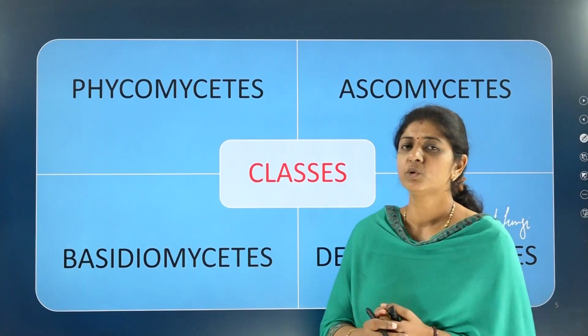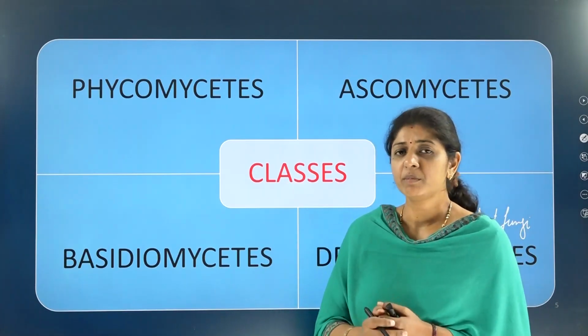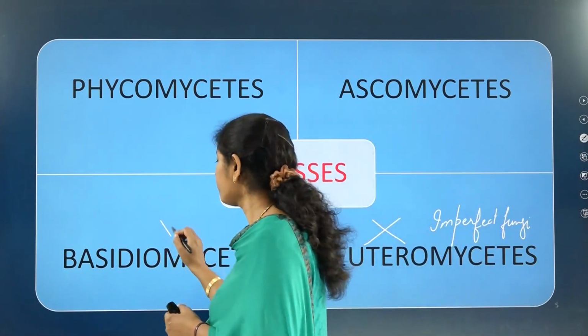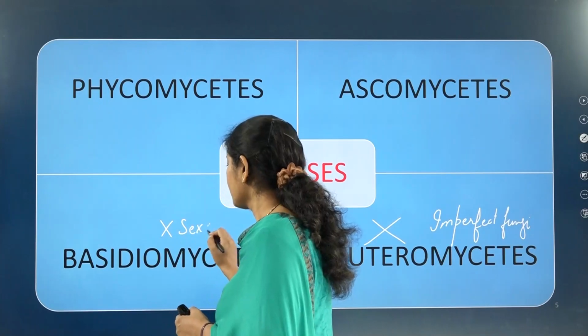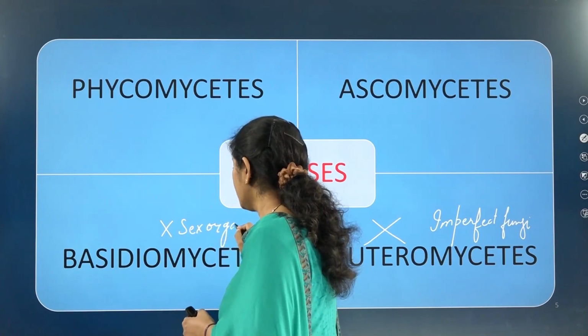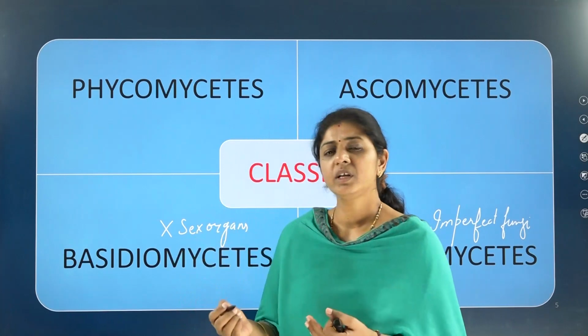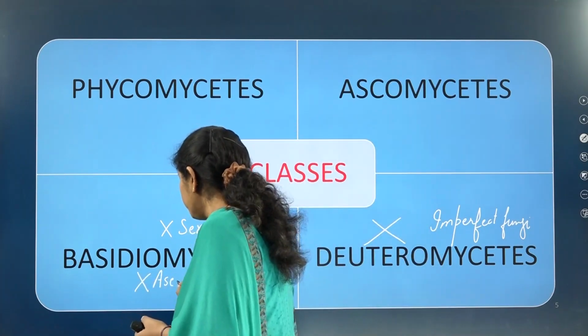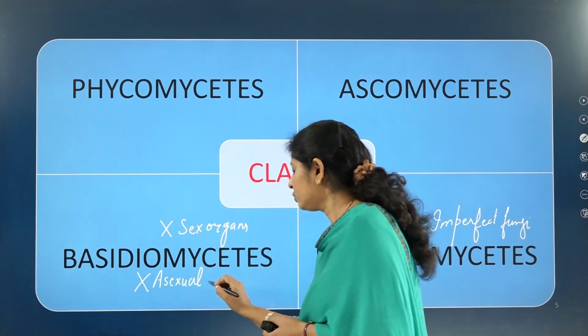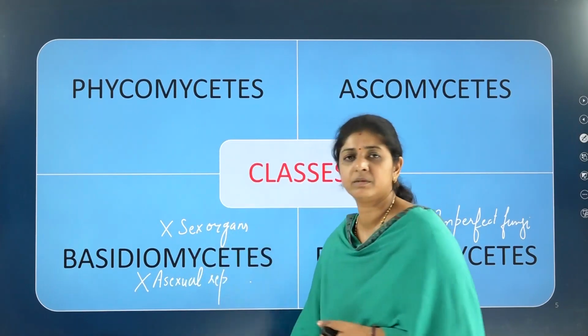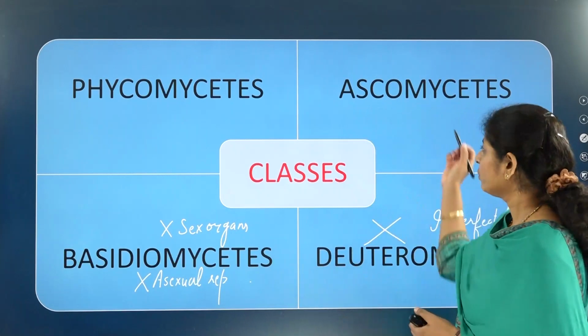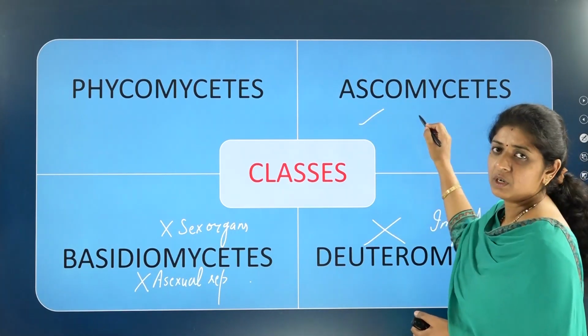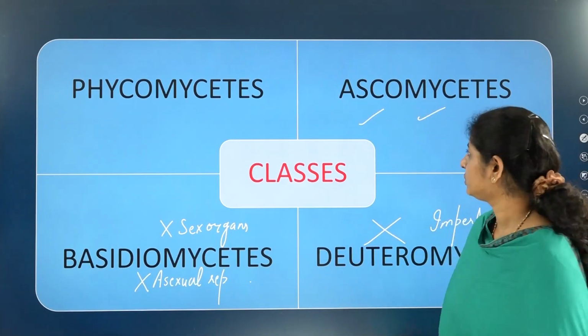No doubt it will show sexual reproduction, but the problem here is that they are not forming sex organs, right? And one more important thing regarding that, they will not show asexual reproduction. Phycomycetes will show both asexual and sexual means of reproduction.